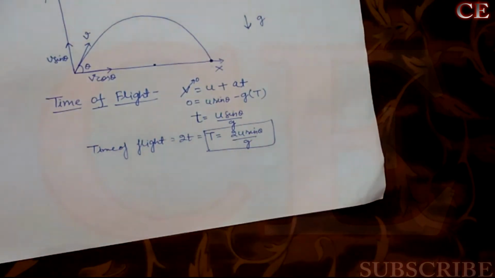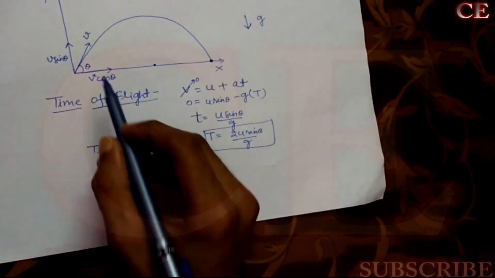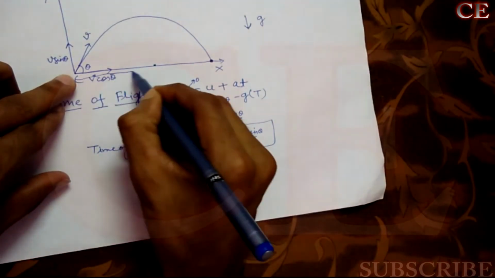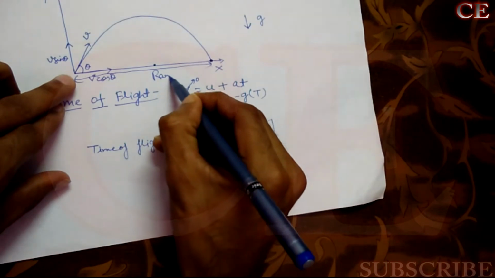Now we will find the range. The distance from where the ball is thrown to where it lands is called the range.